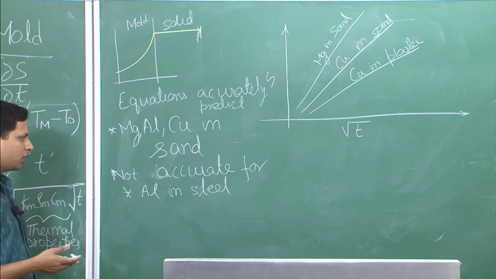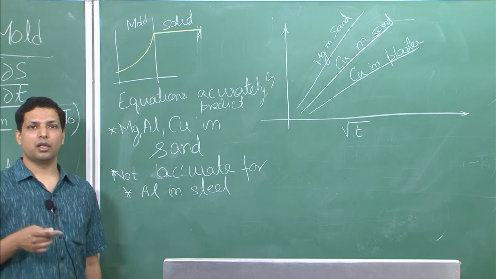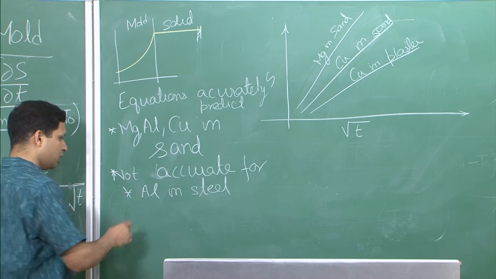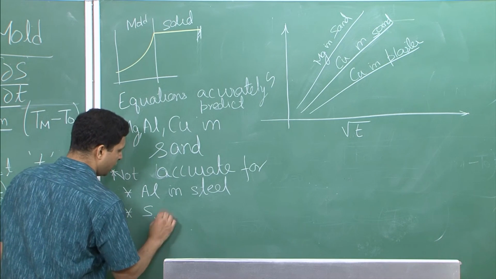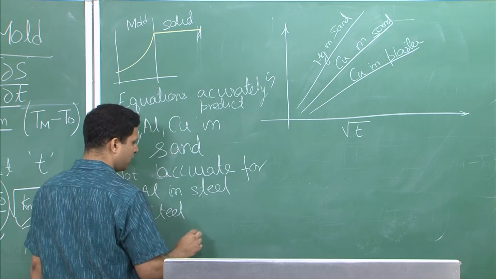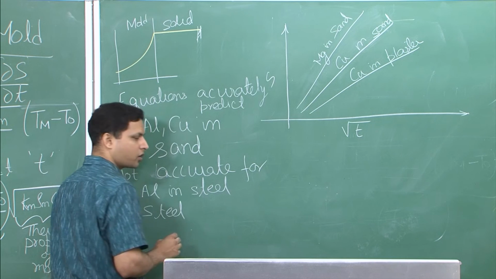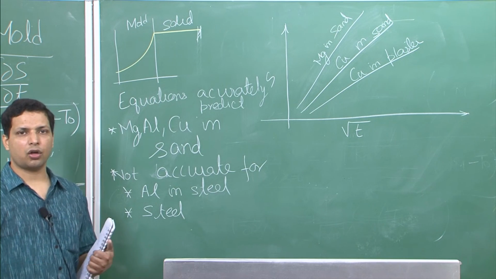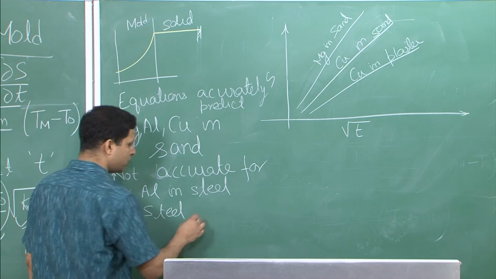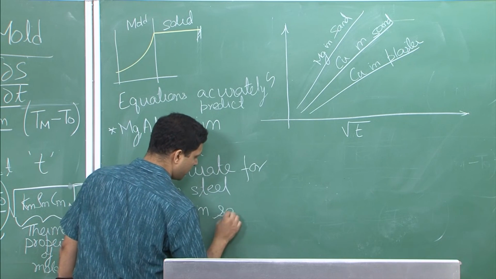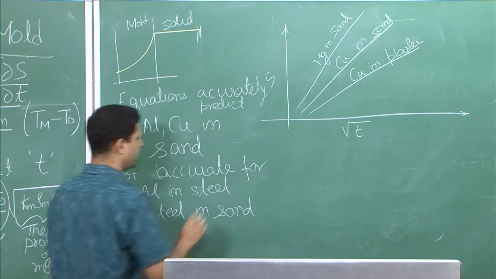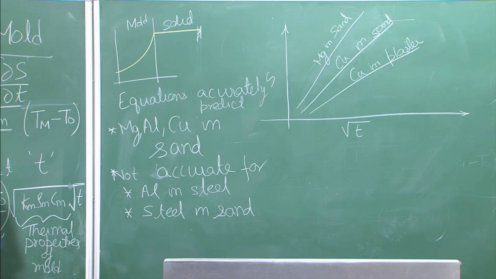It is smaller than the conductivity of aluminum, but not by several orders of magnitude. Similarly, steel in sand: steel is low in conductivity and sand is not so bad, so they are again not several orders of magnitude different. So again, steel in sand is not a good combination that can be predicted using this insulating mold condition.